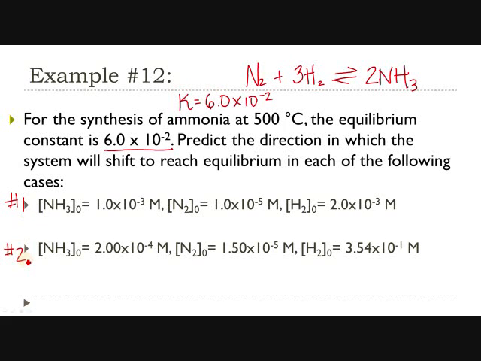Okay? So what we're going to do is solve just as if this were a K, plugging in this information, but instead of solving for K, now we're going to solve for Q. And then we compare the Q value we solved for to that 6.0 times 10 to the negative 2. Okay, so this is for the first case.